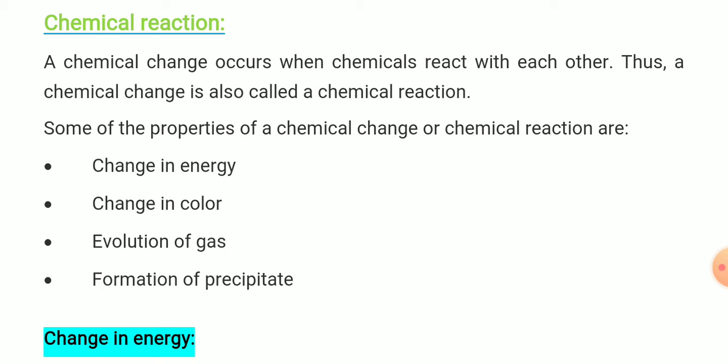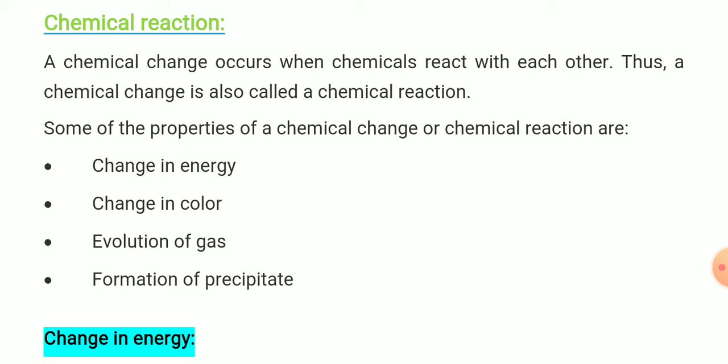Now, let's see some important properties by which you can identify whether a chemical reaction happens or not. First, change in energy. In some chemical reactions, there occurs a change in energy in terms of heat or light. Second, change in color. In some chemical reactions, you will see a change in color on going from reactant to product.